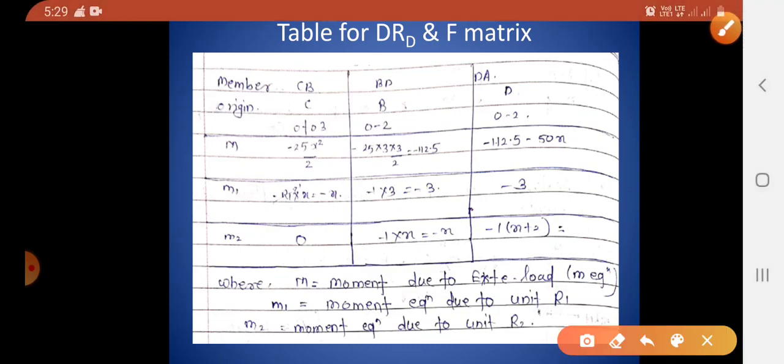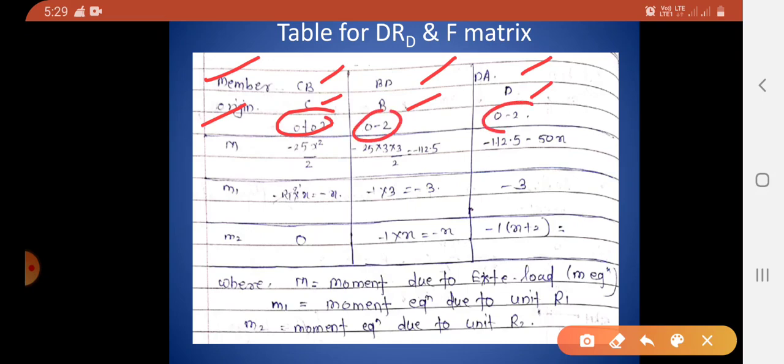Okay, so the first row is member, which we have divided as CB, BD and DA, and the origin will be C, B and D for each part, and 0 to 3, 0 to 2 and 0 to 2 are the integration limits. Okay, what is this M?